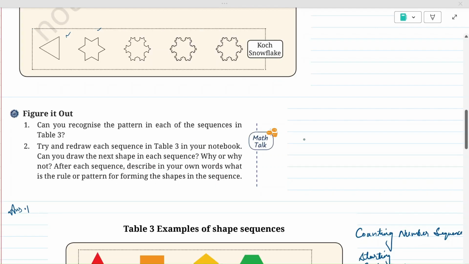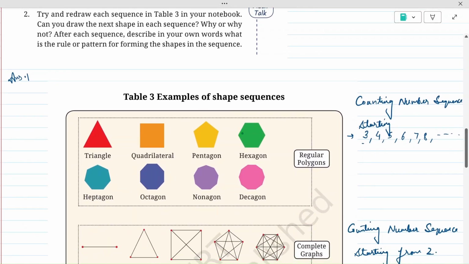So kids, we have to draw the next figure in the sequence, starting with the regular polygons. We can see that in this sequence of regular polygons, the last shape has 10 sides and 10 vertices, and we are asked to make the next shape. So the next shape will have 11 sides and 11 vertices.